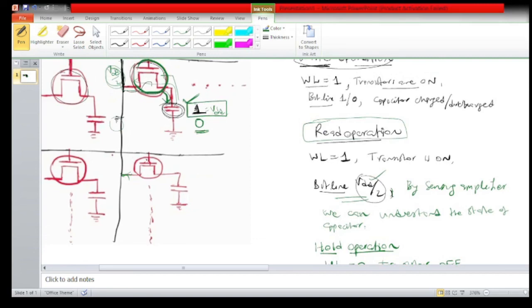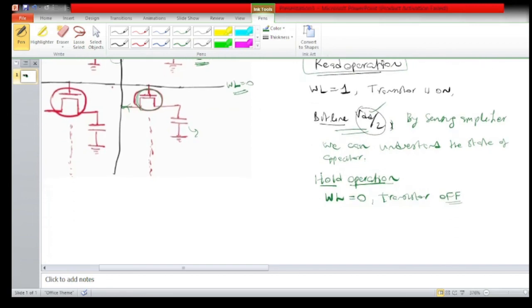When the transistor is off, which means that we are considering this word line equal to 0, the bit line cannot be connected to this capacitor. In such a way we will protect, or hold, the state of this capacitor. That is how we can make this hold operation.